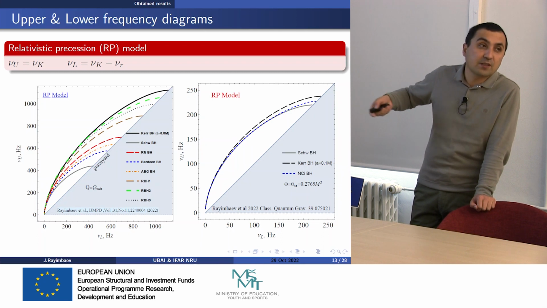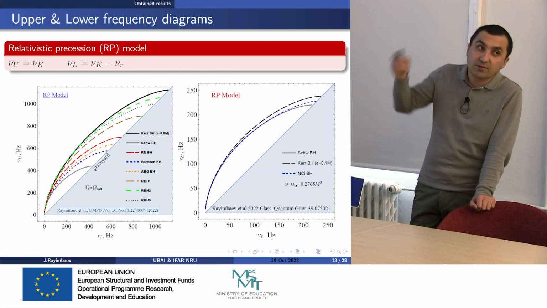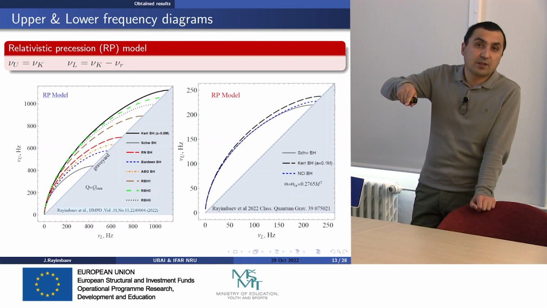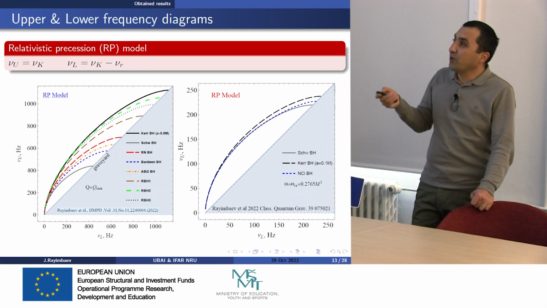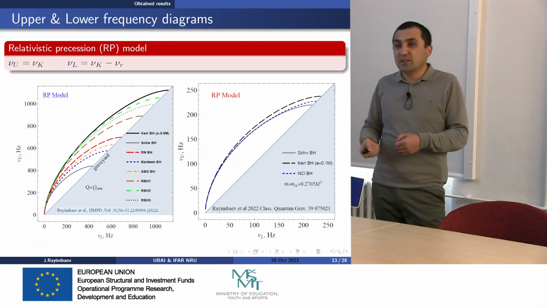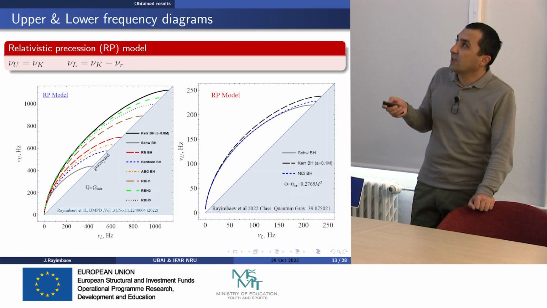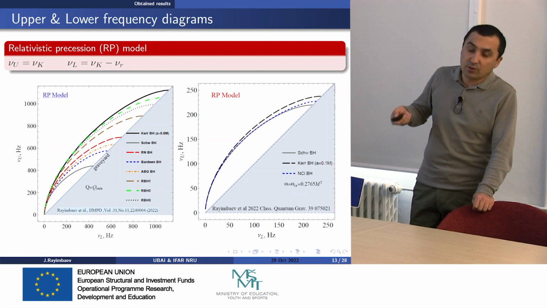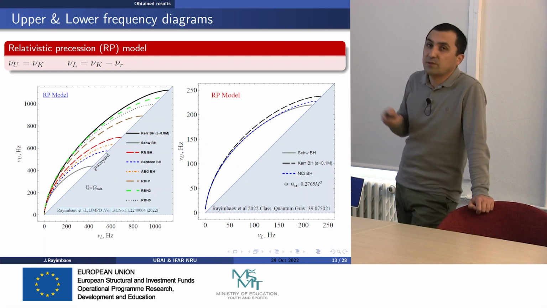We can see some degeneracy effects between the black hole solution and the mass of the black hole. So from this point of view, deeper studies in the analysis of twin peak quasi-periodic oscillations are most important, because there is degeneracy between the mass and the charge.